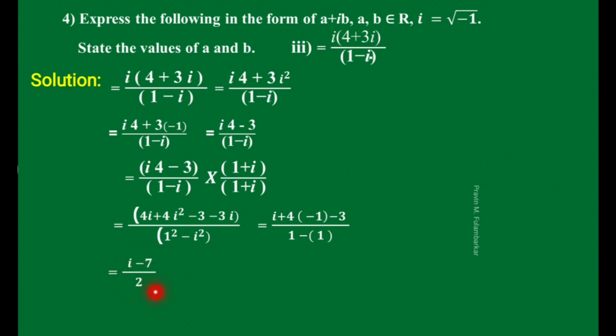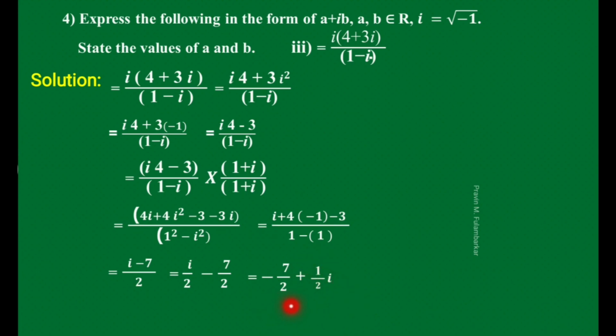Now we have to separate the parts here. So we write i by 2 minus 7 by 2. Now this is the real part, this is the imaginary part. So we have to write the real part first. So we write the real part minus 7 by 2 plus this i by 2, which can be written as 1 by 2 into i.